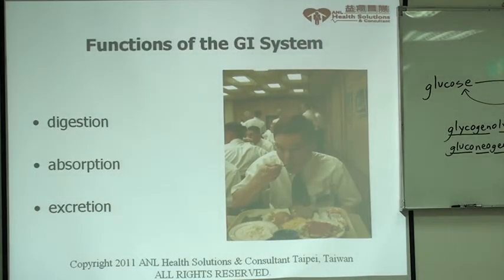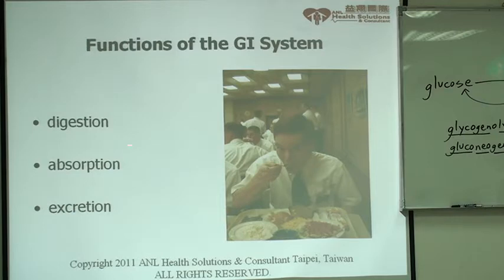Let's review the functions of your GI system. Number one, we have the GI system for digestion. The GI system chemically and mechanically converts substances into nutrients. The food that we eat will be broken down into the smallest particles, the nutrients, like carbohydrates, fats, and proteins.